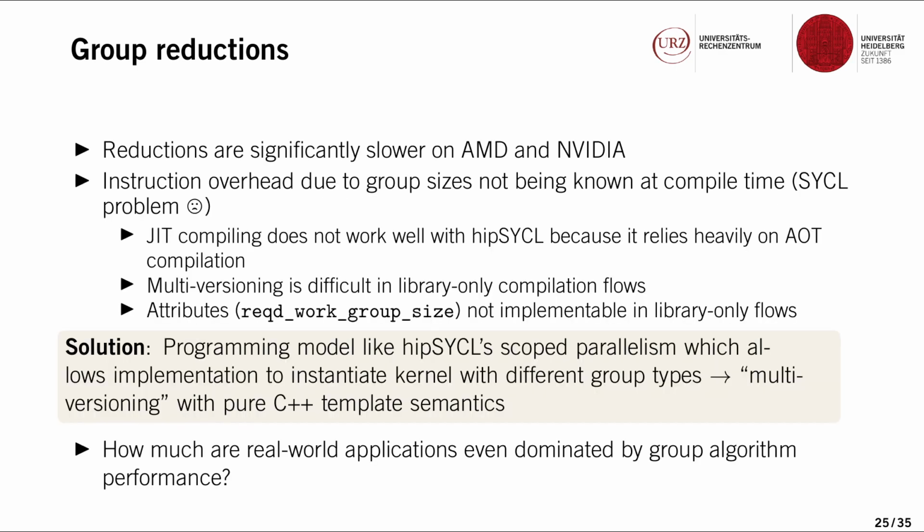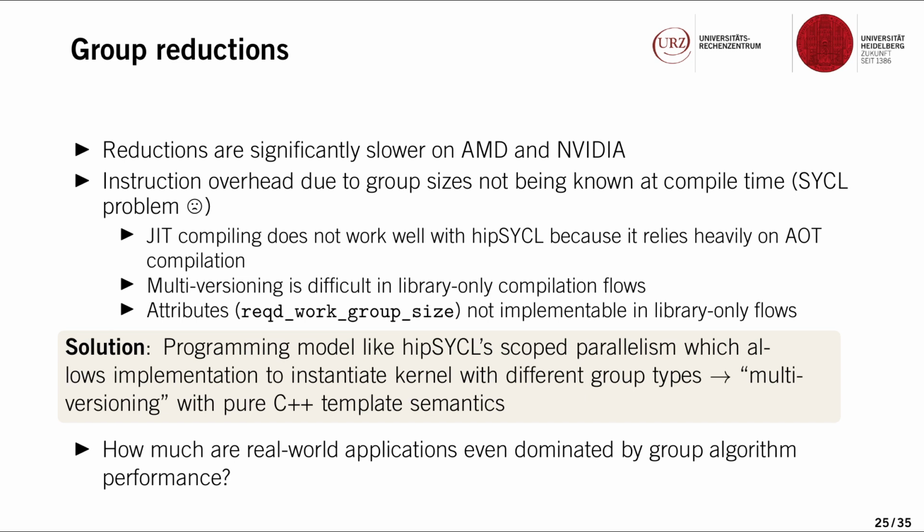And the reason for this is that reductions are a fairly simple operation. And this means that any kind of instruction overhead you can notice in these kinds of micro benchmarks. And in this case, we get instruction overhead in the SYCL version because the group size in SYCL is not known at compile time, while CUB and ROCprim expect the group size as a template parameter.